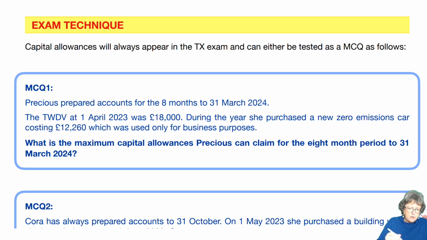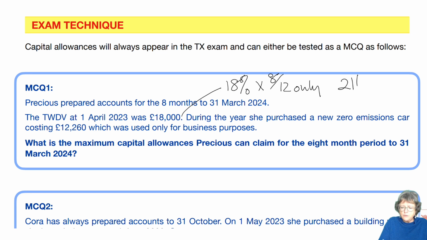Okay, so we have this, which is 18%, but only for 8/12 of the year, which is 2,160. And this here, she can also claim in full. It is not time apportioned, so that's important to see that.